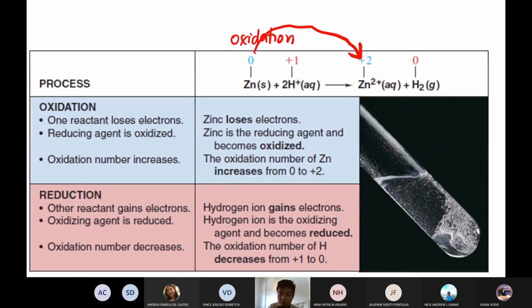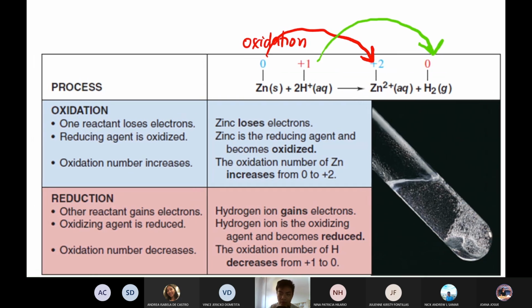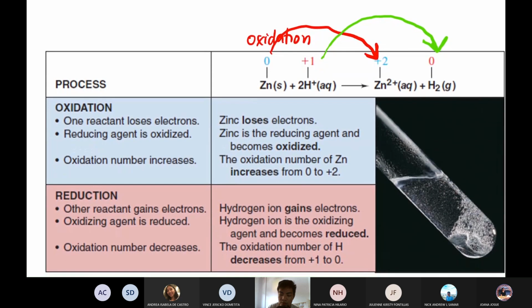Okay. Tumaas yung kanyang oxidation number. So, ibig sabihin, oxidation reaction yan. But for hydrogen atom, so that is from positive 1 naging 0, bumaba yung kanyang oxidation number. So that means this is reduction reaction. Okay? So ganun.